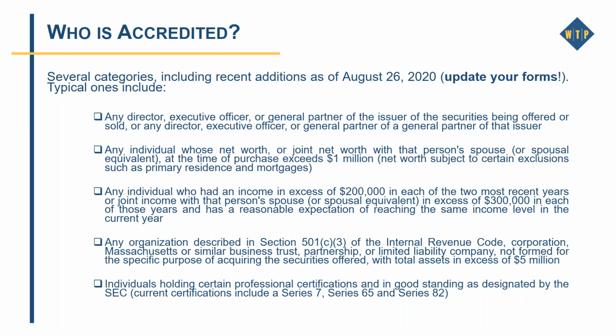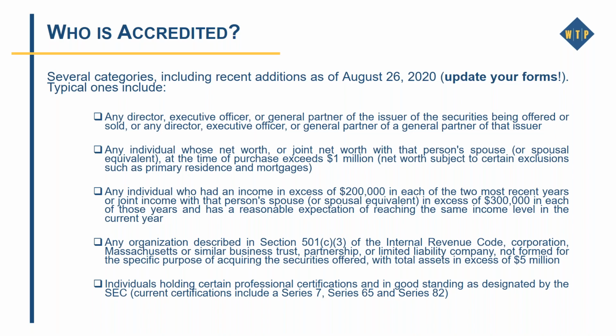Another accredited investor type is certain professionals, and this is a recent update. So if you've got forms that talk about who's accredited and who's not, as of August 26th, there has been an update, and they've expanded the list of who qualifies as an accredited investor. One of the interesting ones is this last one of people that hold professional certifications. You'll see that it's Series 7, Series 65, and Series 82 licensing.